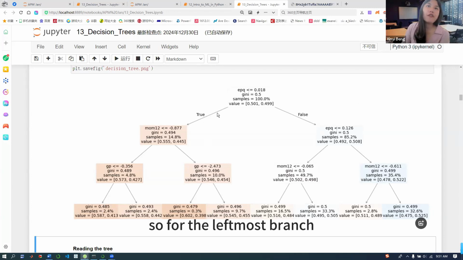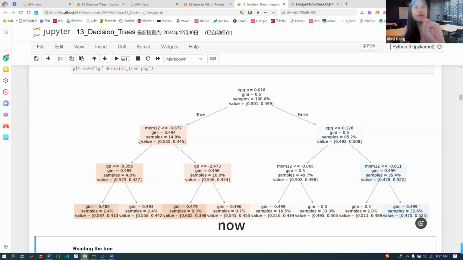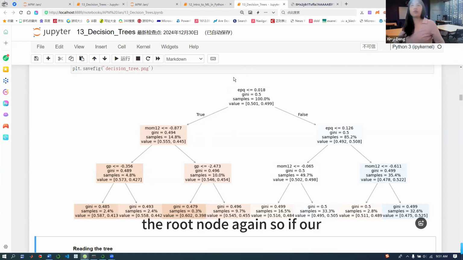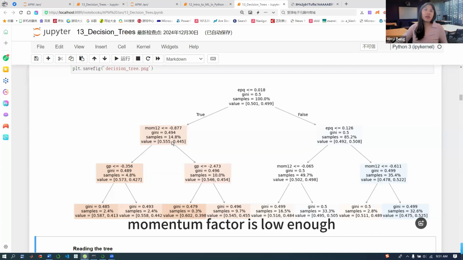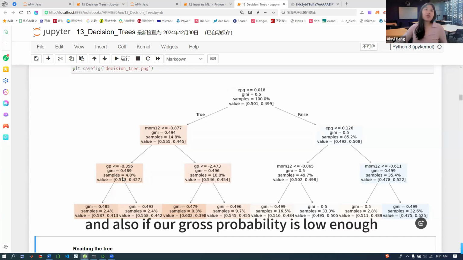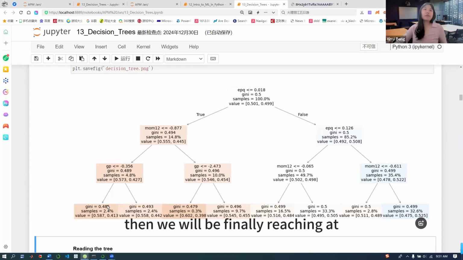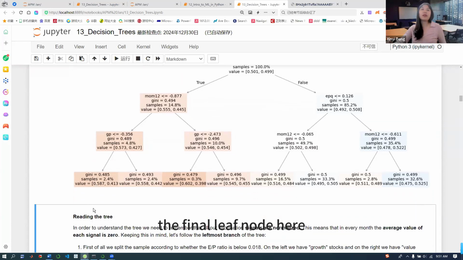Now let's focus on the leftmost branch again. Let me start from the root node again. If our EP ratio is low enough, and our momentum factor is low enough, and our gross profitability is low enough, then we will finally reach the final leaf node here.